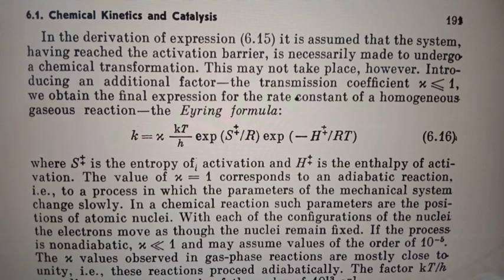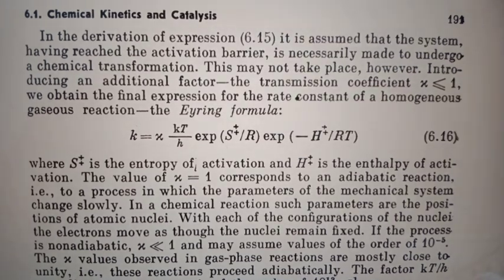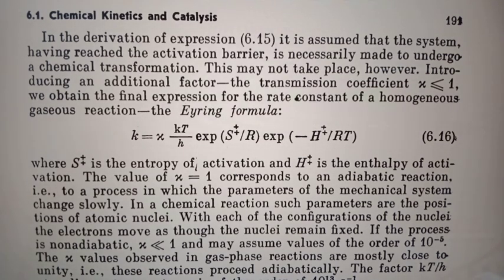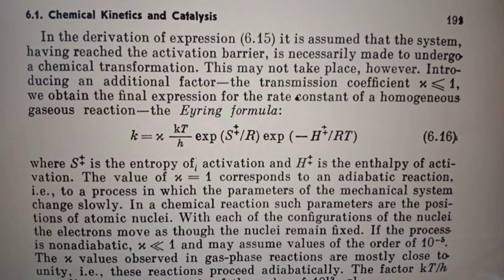In the derivation of expression 6.15 it is assumed that the system having reached the activation barrier is necessarily made to undergo a chemical transformation. This may not take place.